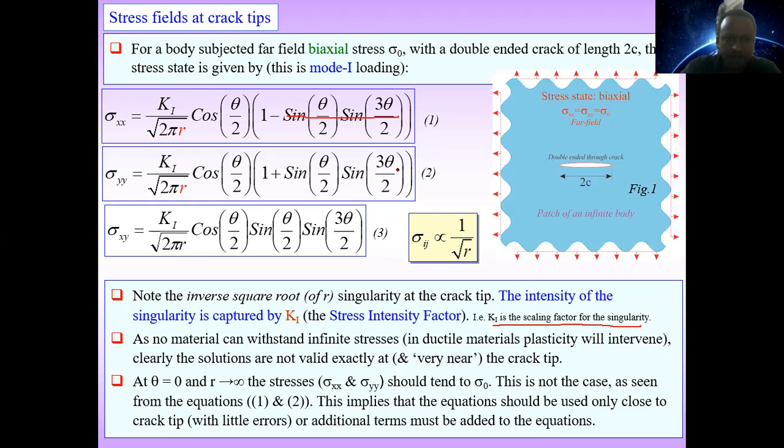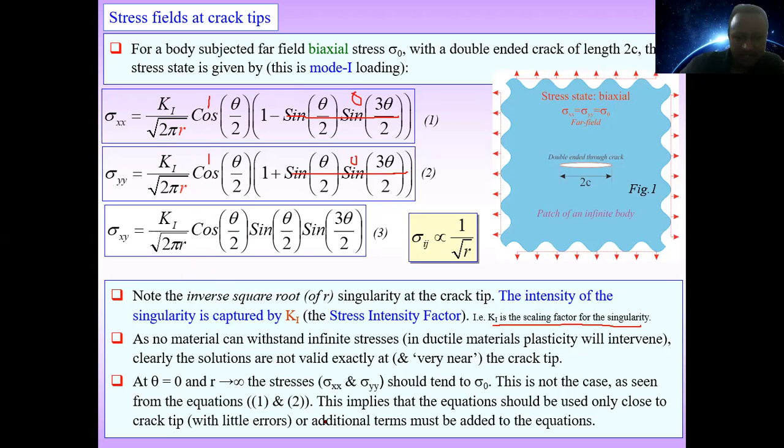Here also the same. This part will be 0, this is 1, this is 1. And r approaching infinity means K over infinity, 1 over infinity, so it is almost 0.